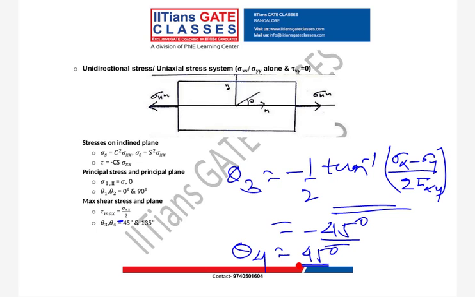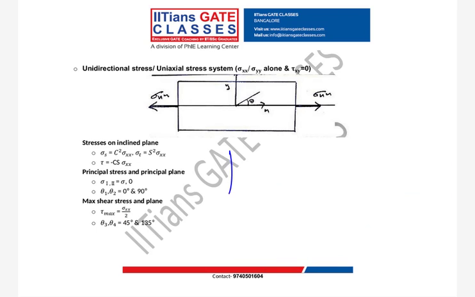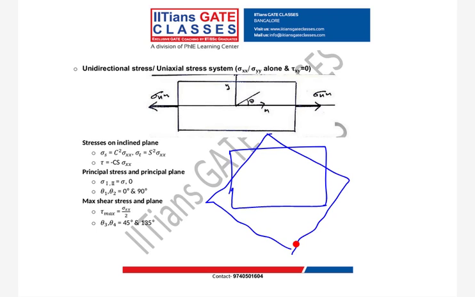Theta 3 is minus 45 degrees. The meaning of this is very simple. This is your initial stress element, and then my element will rotate in the clockwise direction by 45 degrees, and this plane will be the plane of maximum shear.